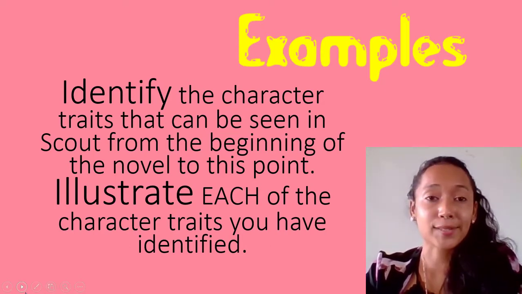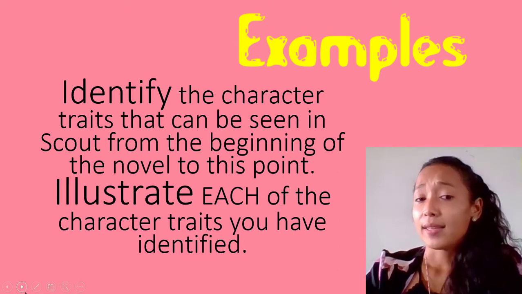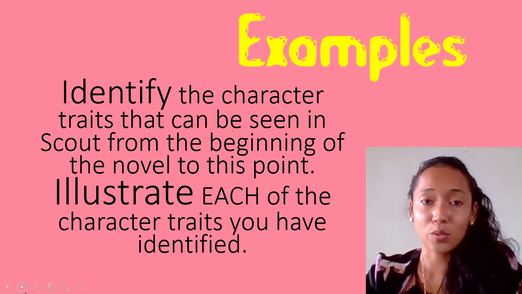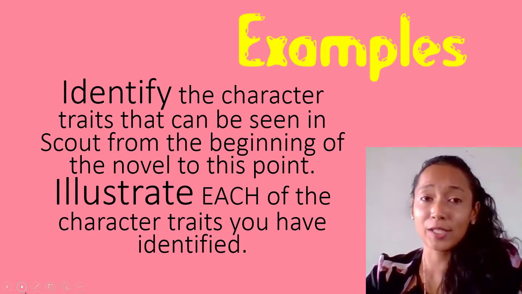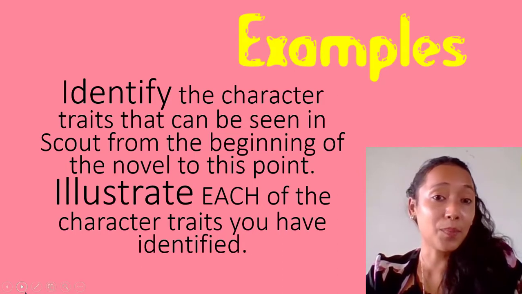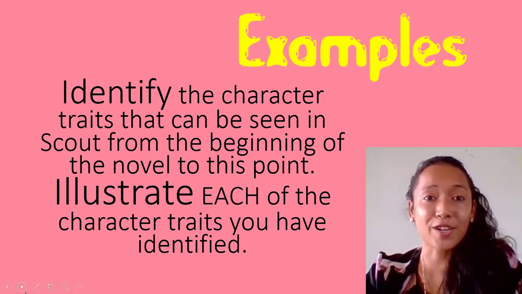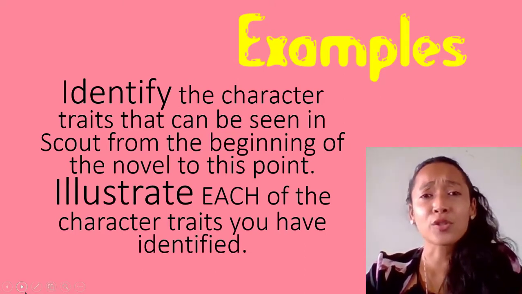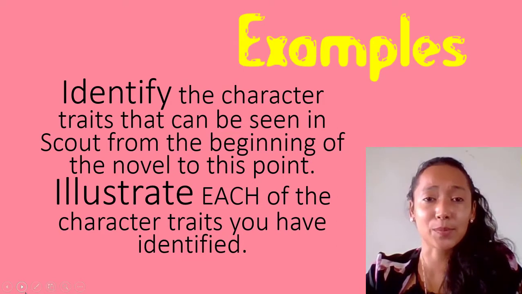She has masculine traits. Give an example. For example, you would say, because they're asking you to illustrate, for example, she likes to associate a lot with boys and play games that require her to use trousers rather than a skirt, right? So you can provide as many examples as possible because that is what it means to illustrate.